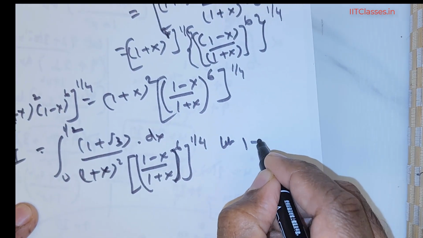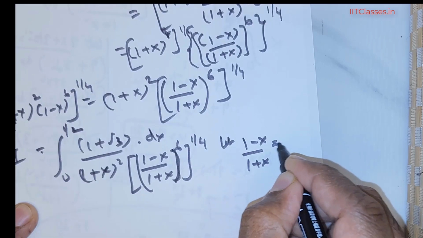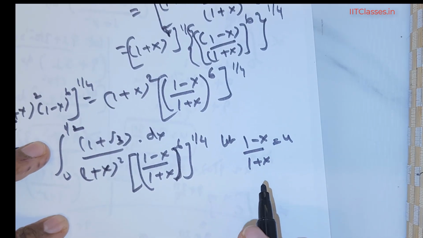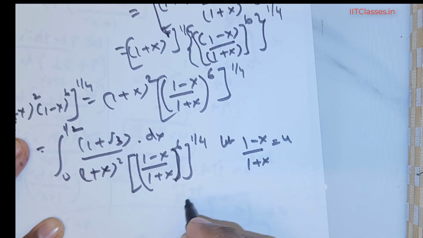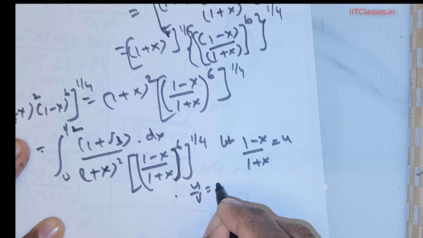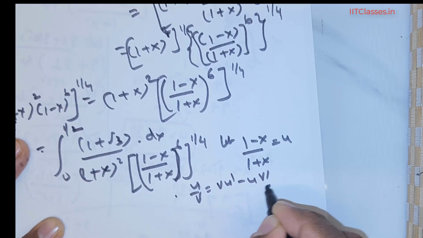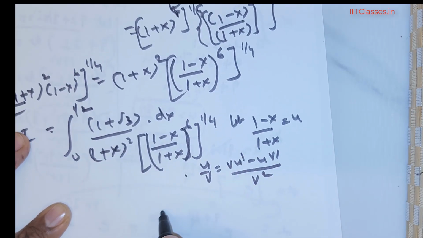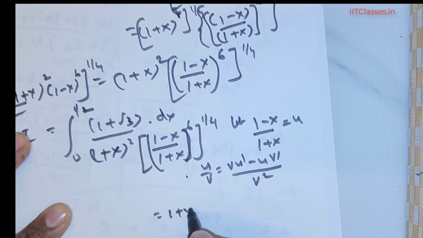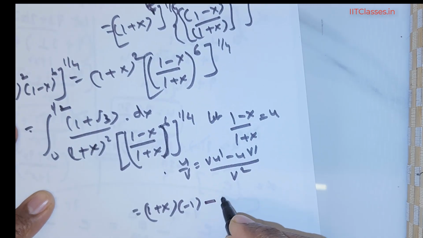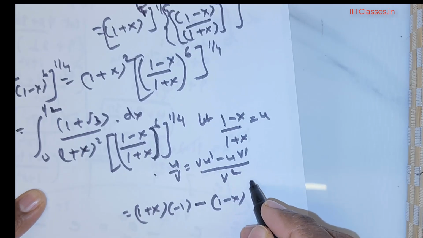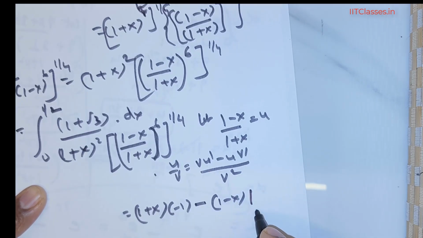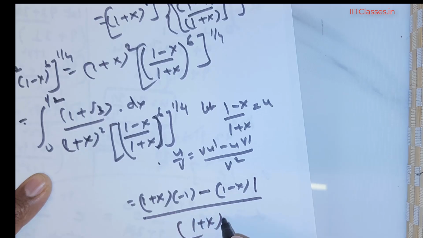Now let me take (1 − x)/(1 + x) to be equal to some u. If I differentiate this, using the u over v formula, it is (v u' − u v')/v^2. So it's going to be (1 + x) multiplied with u' is −1, minus u is (1 − x), my v' is 1, divided by (1 + x)^2.